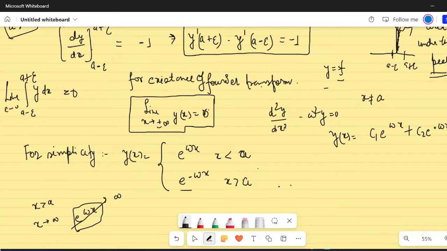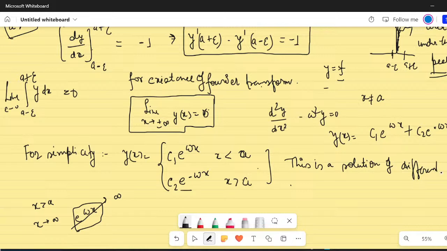Or if you want to write some C1 and C2, let me write C1 and C2 so that it becomes okay. So what I'll do, there are two conditions. One condition is that this is the differential equation, and this is a solution of the differential equation.